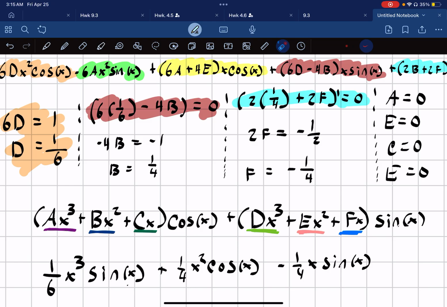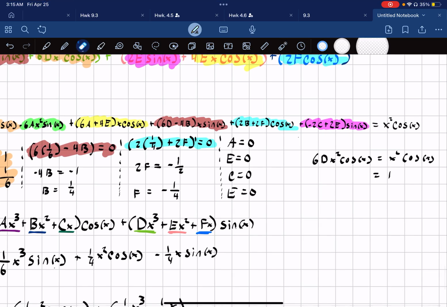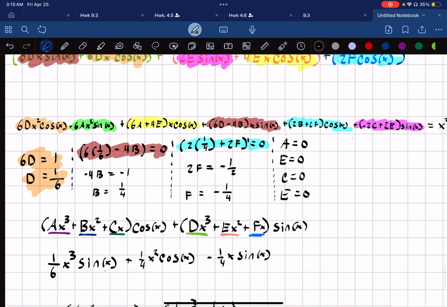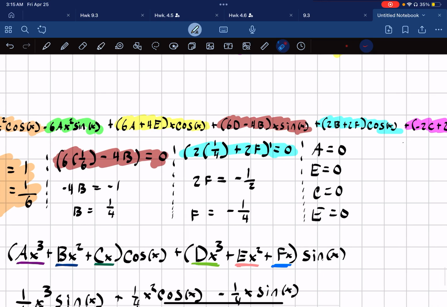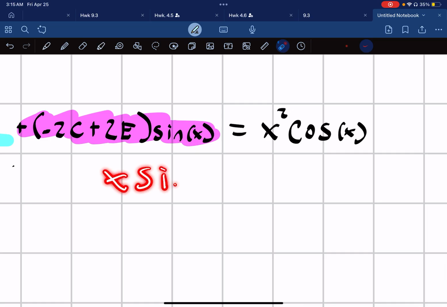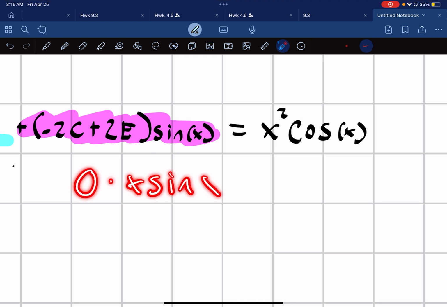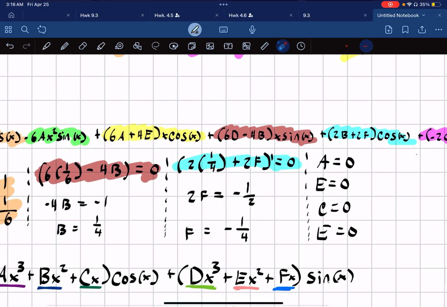And you're probably wondering, why do we have it equal 0? The reason is because there's nothing on the right-hand side that has x sine x. Nothing. So you could think of it as 0 times x sine x. Let's keep going.